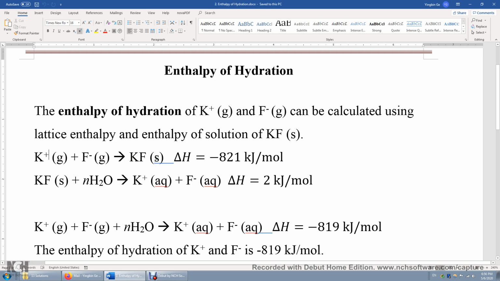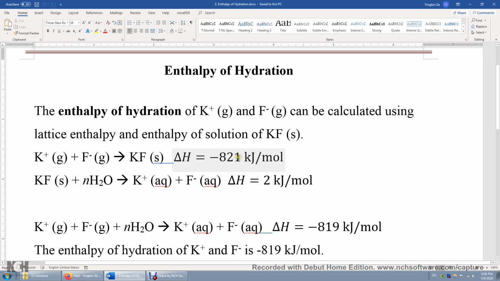The enthalpy change of this process is negative 821 kilojoule per mole. That means if 1 mole K+ reacts with 1 mole F- to form 1 mole of this KF crystal, the enthalpy decreases by 821 kilojoule.